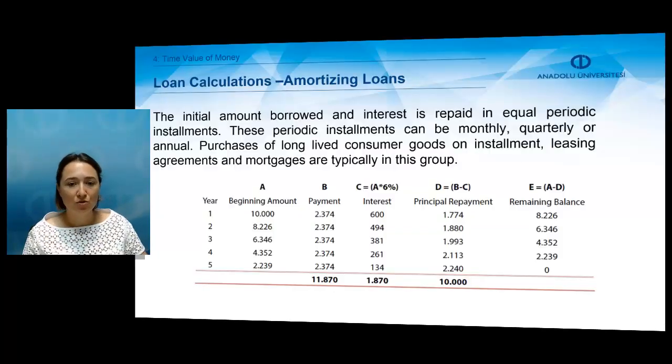This is just to show how much we pay each period, how much we pay principal, and how much we pay interest. Because of tax considerations, companies report interest payments and principal payments apart from each other. So in each period's payment, we have to know what amount we pay as interest and what amount we pay as principal.